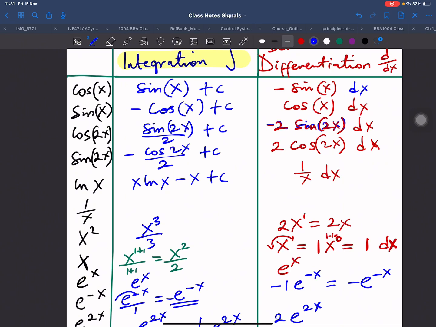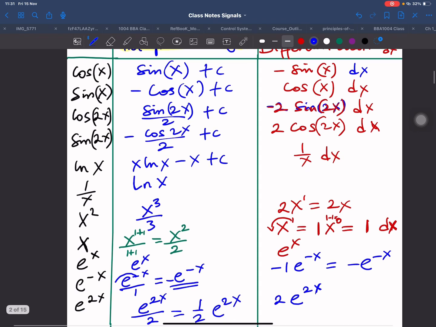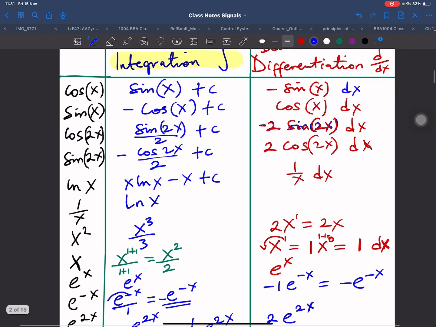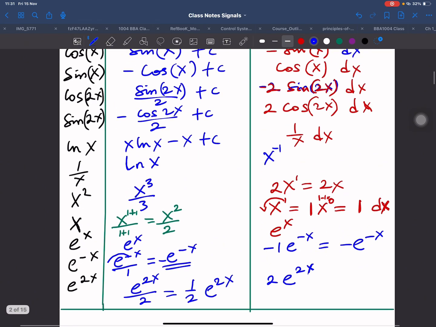But for differentiation, what you need to do is consider 1 over x as x raised to power minus 1, and then use the power rule, that is the rule to do x squared and so on.